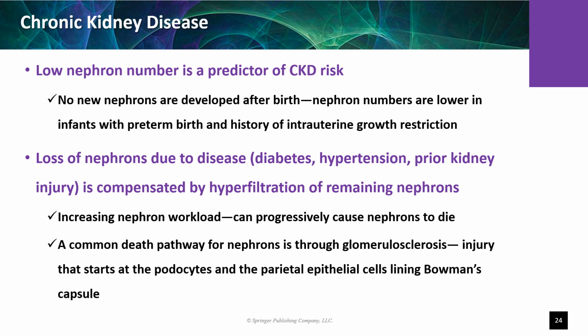The final common pathway to progressive CKD involves loss of glomerular function and the pathological appearance of glomerulosclerosis, which is a scarring and loss of surface area of the glomerular capillaries.